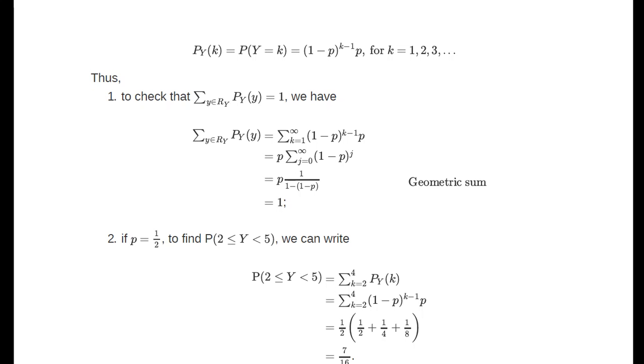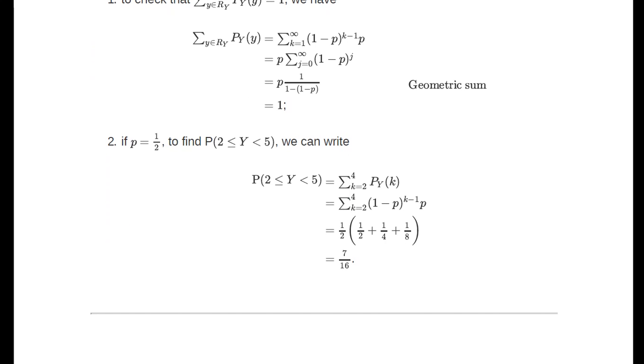Thus, for number 1, to check that the summation of P(Y equals y) equals 1, we have the summation from k equals 1 to infinity of (1 minus p) to the power k minus 1 times p, which is equal, by geometric sum, to 1.